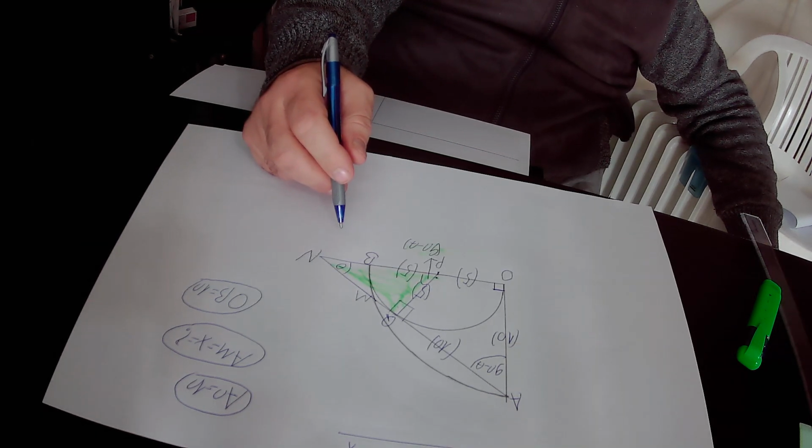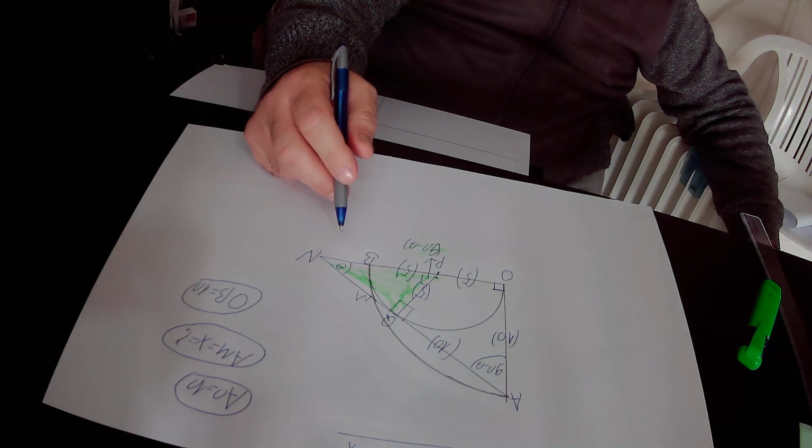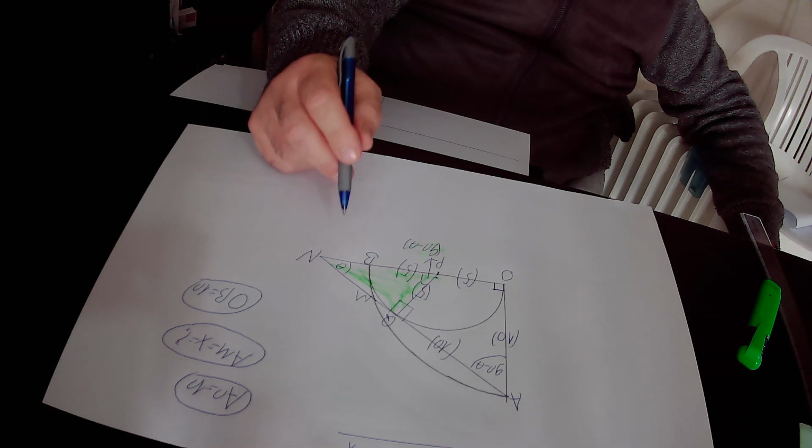If we write angle theta as it belongs to the small green triangle, triangle PQN, it will be called angle PNQ.